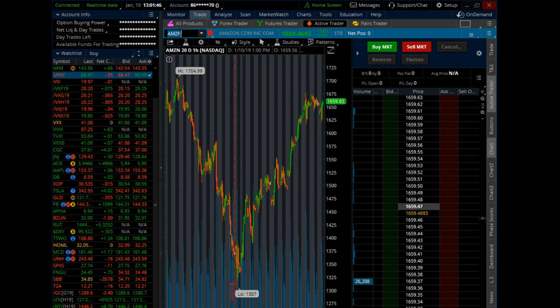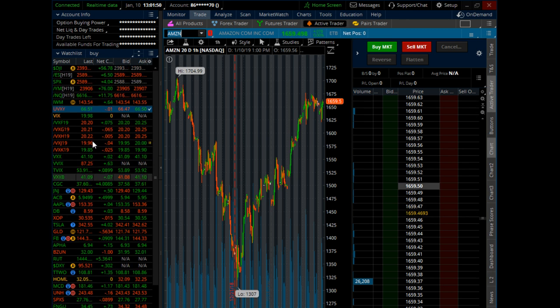A $1,600 stock up 4 cents. So sharply unchanged is the market right now. Everything's unchanged right now. Amazingly, huh? E-minis up 6, Dow up 56, SPX up 4, NASDAQ up 13.